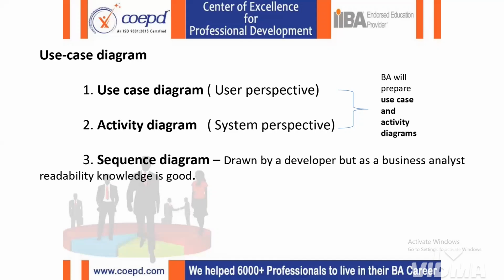And the other one is the sequence diagram. Actually it is drawn by the developers, but a business analyst needs to have some knowledge about it, because we need to understand how the system is working inside, in the back end.